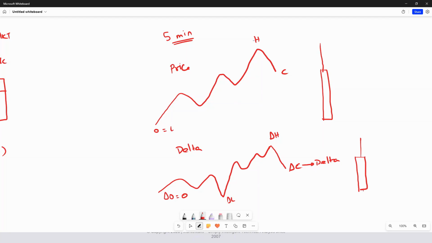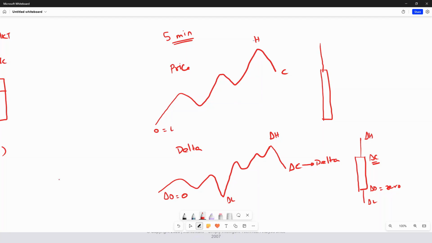We'll have a delta high and a delta low. This is delta low and delta open. As I said, delta open is always 0, and delta close is the actual delta that will be shown on the order flow charts, and delta high. So this is how the delta candles are plotted.